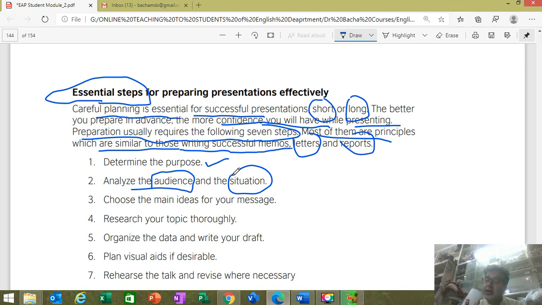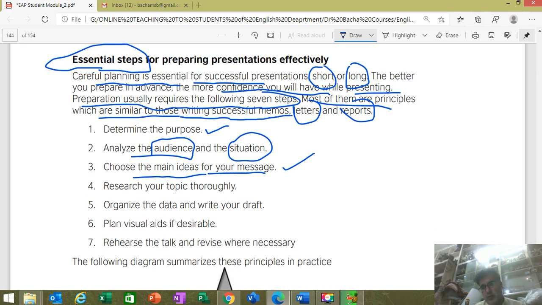So you need to be very cautious and analyze according to the situation. And then you have to choose the main ideas for your message, and then try to deliver your message there. And then you have to research your topic thoroughly.